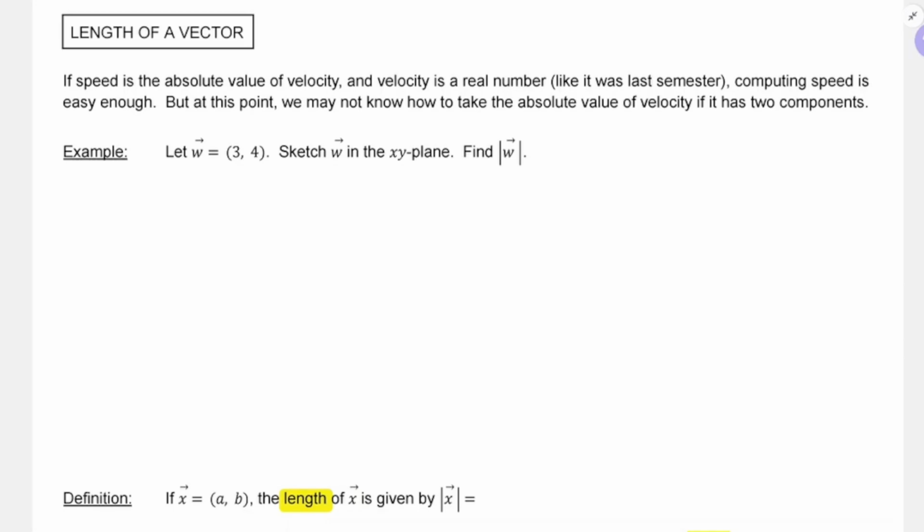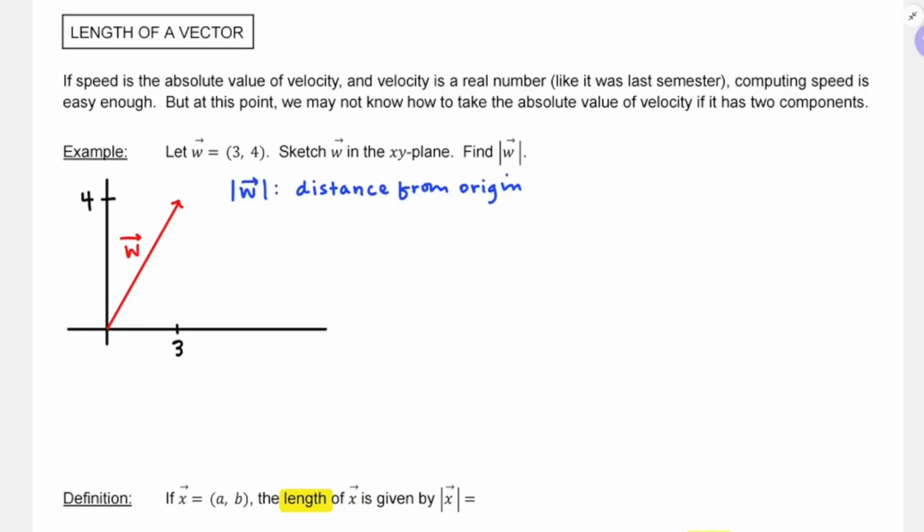So we're going to sketch w in the xy plane, 3 and 4. Okay, so it starts from the origin and goes to the point 3 and 4. Okay, and if we want to find the length of w, really the absolute value, or the length of w, is going to be the distance from the origin, just like absolute value was the distance from 0 on the number line.